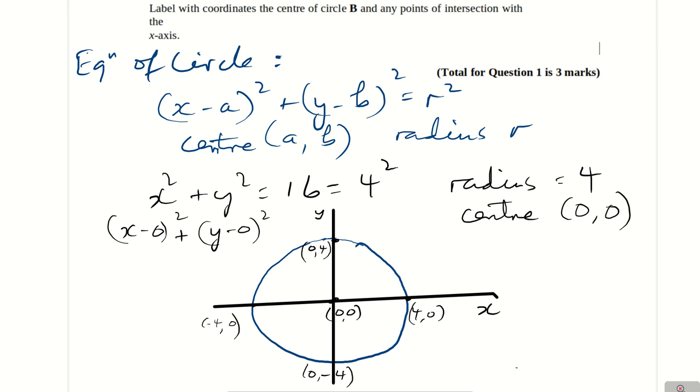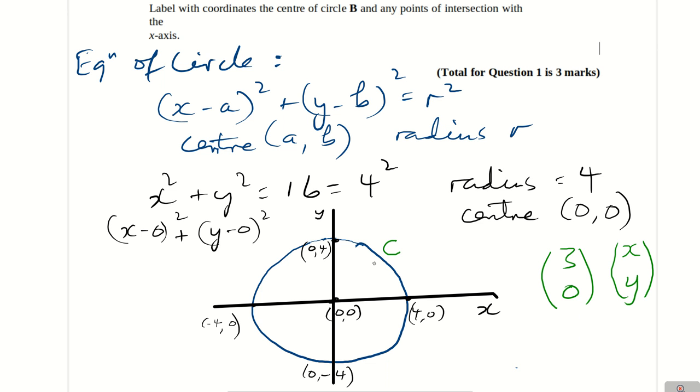Now the question tells us that we want to translate, and this is circle C, by the column vector 3, 0. Now what does that mean? Well, a column vector has x at the top, y at the bottom, and the values tell us how much each of the points on the original shape change by when they're translated by that vector.